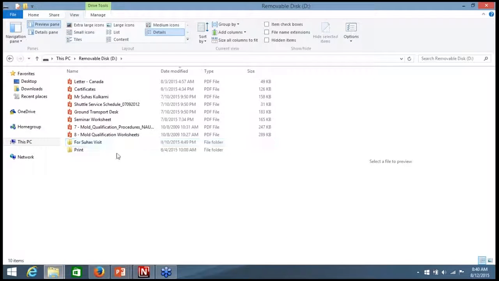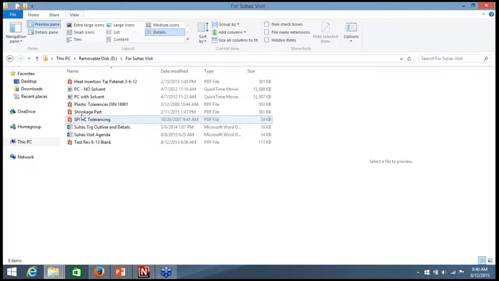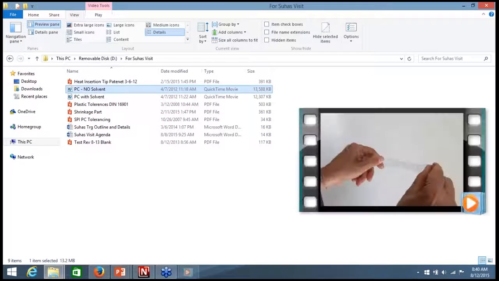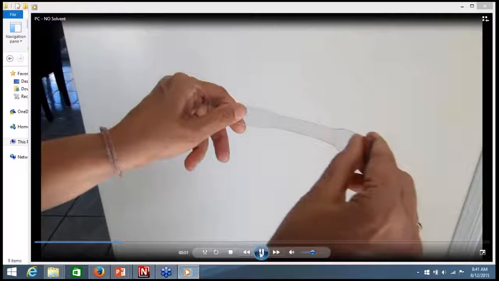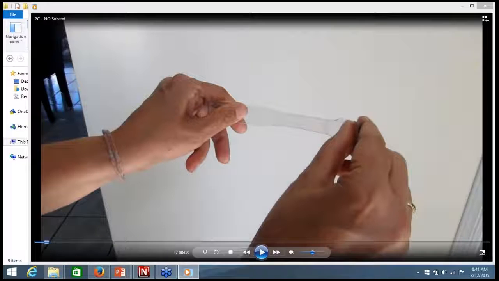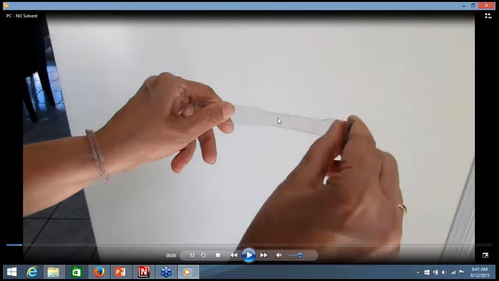It's a really neat video. If you can't see it, just let me know. I think you should be able to see this. This is a tensile bar made out of polycarbonate, which you can keep on flexing forever, right?